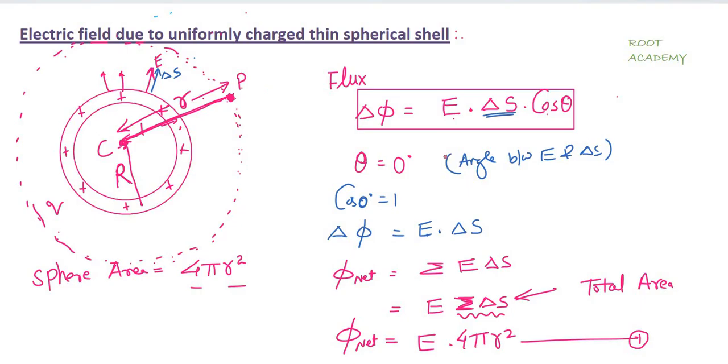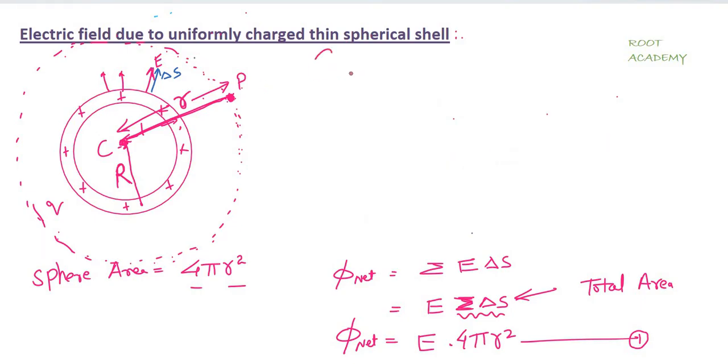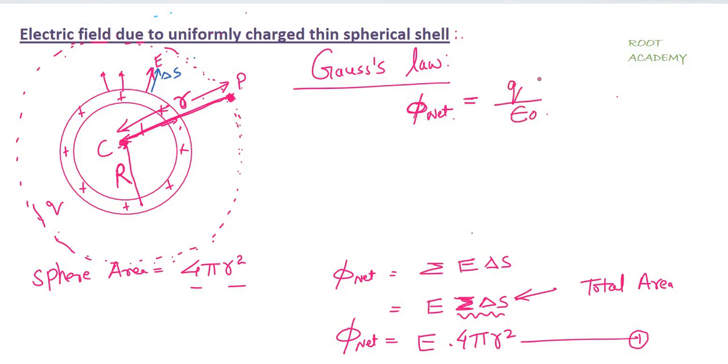So what is Gauss's law? Does anyone remember? Gauss's law says that the flux at any surface, meaning the electric field lines coming out of any surface, is Q by epsilon naught.